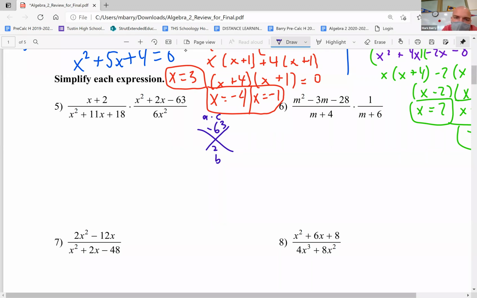That to me sounds like 9 and 7 if I make the 7 negative. So I can rewrite this as x squared, and then I split up that middle term: plus 9x minus 7x and then minus 63.